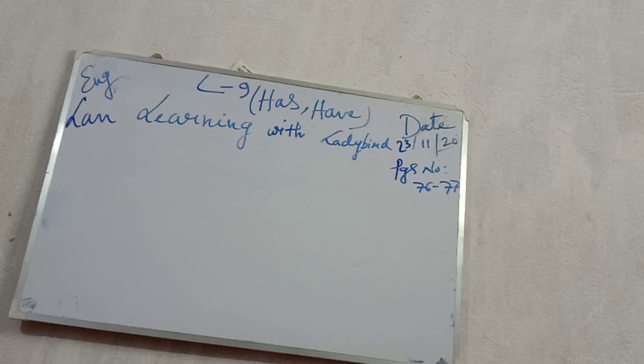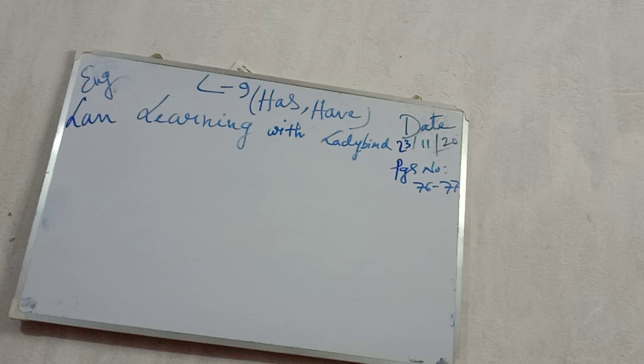And for contraction, to make it shorter, don't have: D-O-N, then apostrophe T. By omitting O, we use an apostrophe, then T. Then for making a question, we form a sentence like this: Do I have?